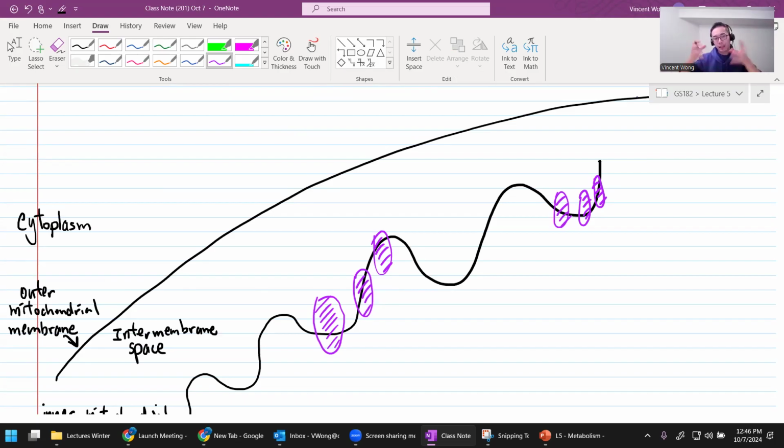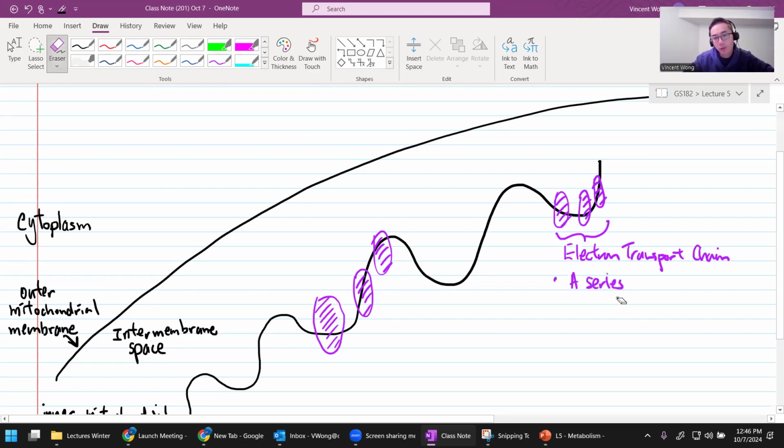And then you have these proteins that are embedded within the inner membrane. So this here is what we call an electron transport chain. It is basically a group of membrane proteins.